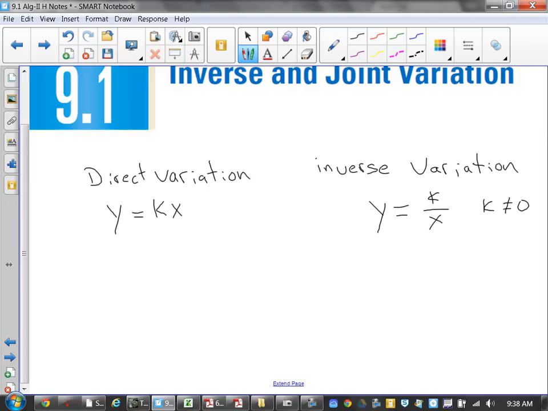So let's get into this. We're talking now about what are called inverse and joint variation. Believe it or not, you guys have actually worked with variations in the past. You guys have worked with something called direct variation.